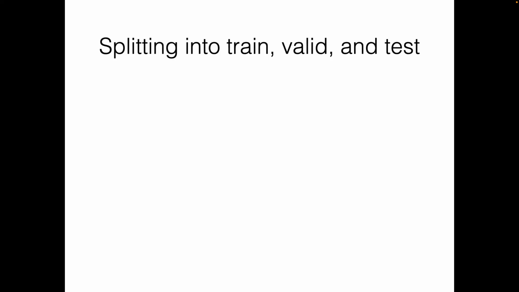So first is this idea of splitting into train, valid, and test sets. Here you could justify this pretty nicely. Let's say that our goal is to fit this distribution P star.